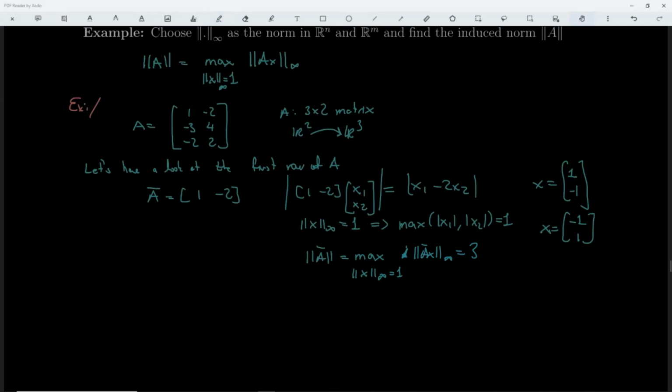All right, so we can pick particular x's there, and we can say that the norm of A bar is equal to 3.